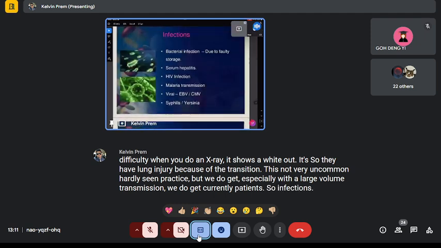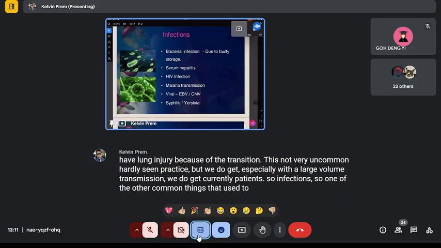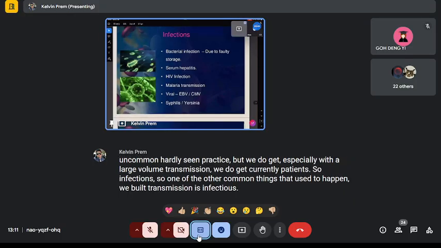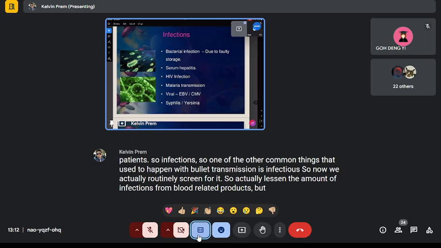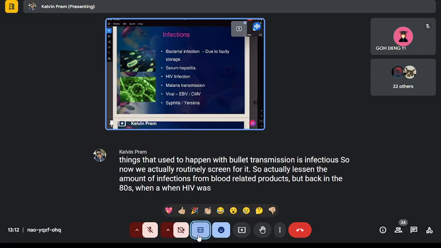Infections. One of the other common things that used to happen with blood transfusion is infections. Now we actually routinely screen for it, so we have lessened the amount of infections from blood products. But back in the 80s, when HIV was first discovered, it wasn't routinely screened for.